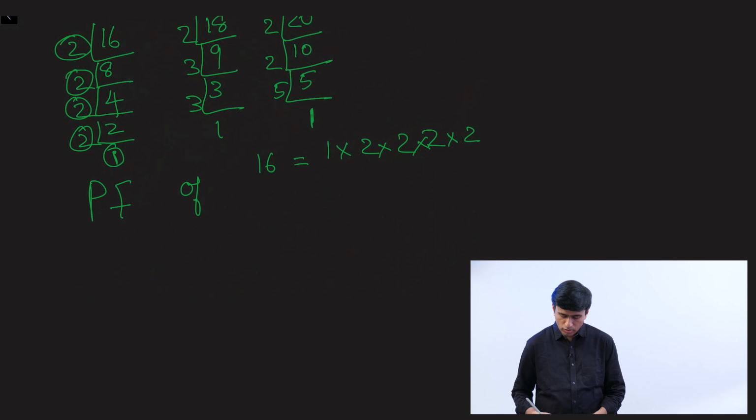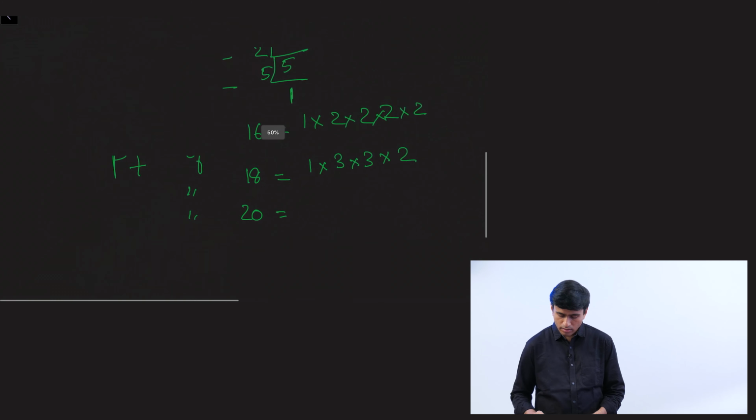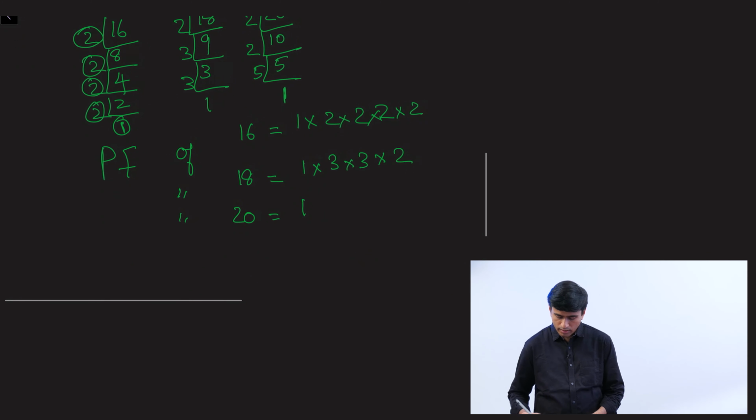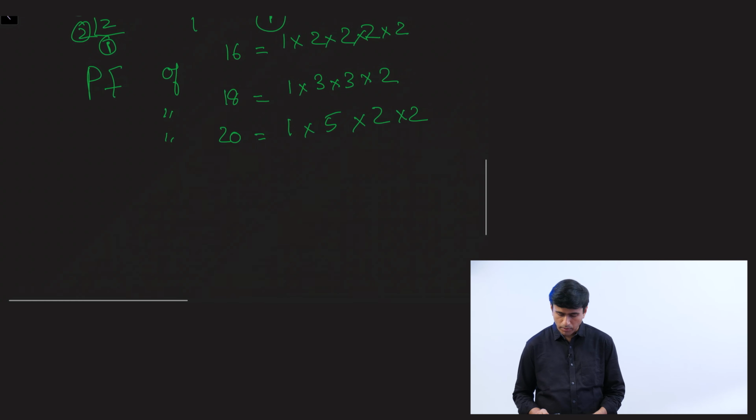The prime factors of 18 are 1 into 3 into 3 into 2. The prime factors of 20 are 1 into 5 into 2 into 2. This is how you list the prime factors of the given numbers.